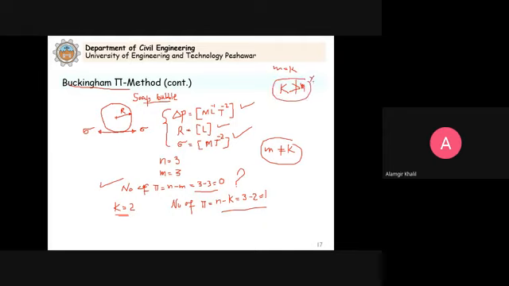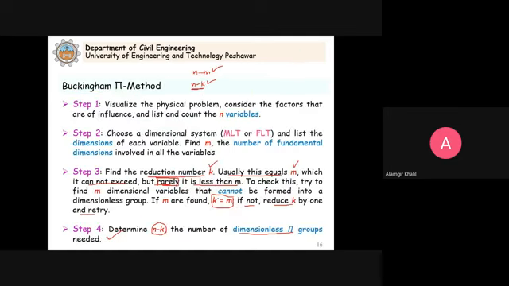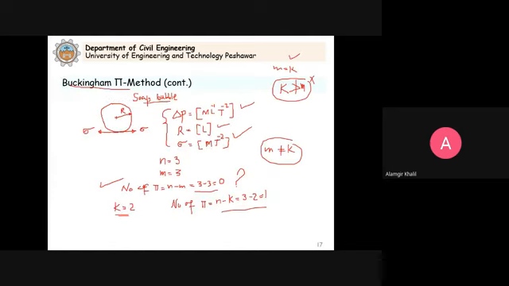This will never happen. So mostly it will be equal, and sometimes in very rare cases like this example it may not be equal. These steps are from your textbook. So usually k equals m, which it cannot exceed, but rarely it is less than m. So I explained it by an example.